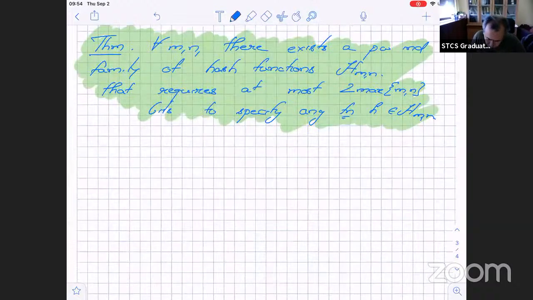So for the next 10 to 15 minutes, I'll introduce some basic complexity classes that we will be talking about. We won't be spending a lot of time on these, but it'll be useful shorthand notation for various things we talk about later in the course.